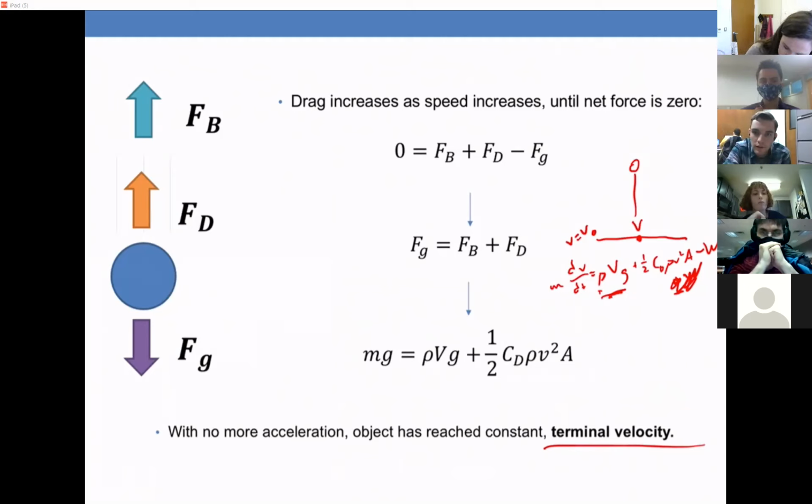In that case, the buoyant force would be equal to the weight, so those would cancel out, and all you would have would be the drag. The drag itself would slow it down until it stopped.